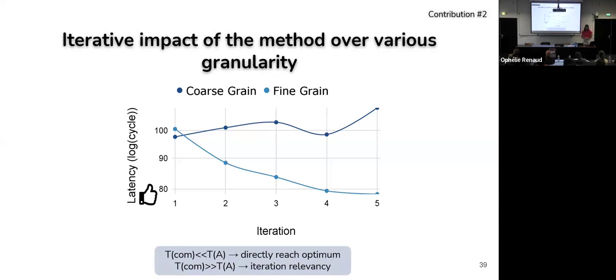On a coarse granularity application, the method directly reaches the optimum and then oscillates around this minimum. In opposite, on fine granularity, the method takes benefit of the iterations to find a better latency.